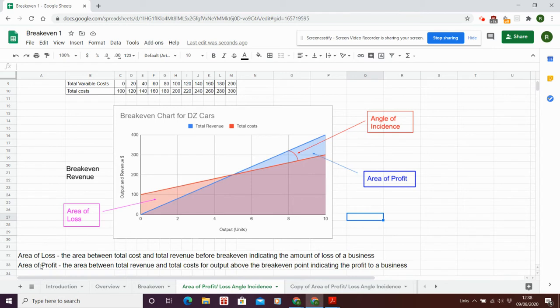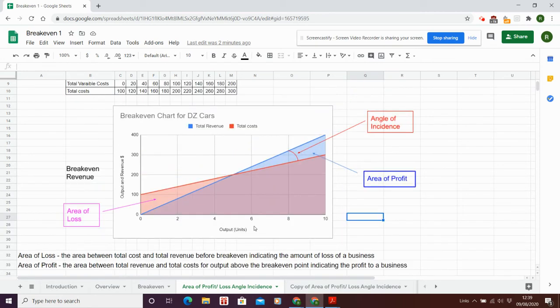And conversely, the area of profit is the area between the total revenue curve and the total cost curve above the break-even point. So it's this area here in blue, which again you should shade or hatch in on your exam question, and make sure we label it as the area of profit.